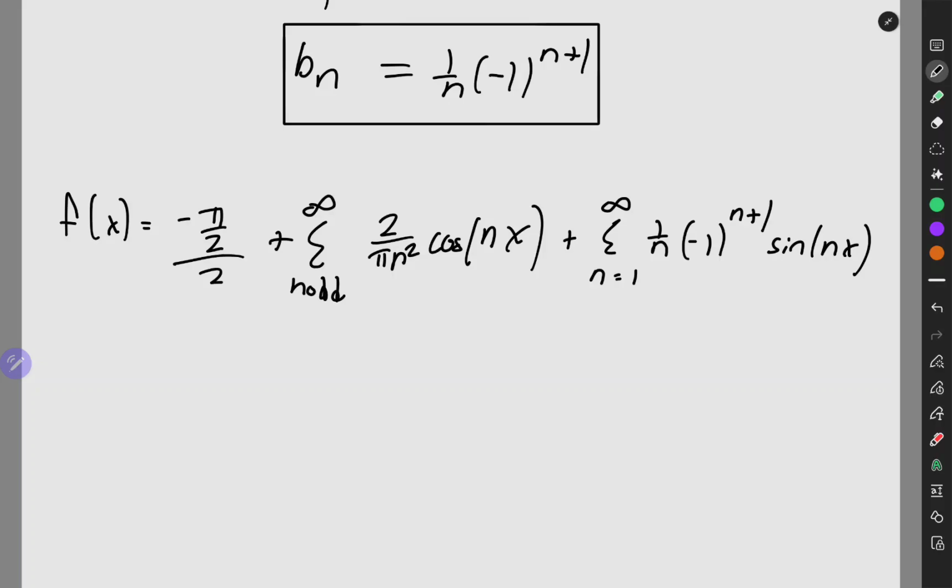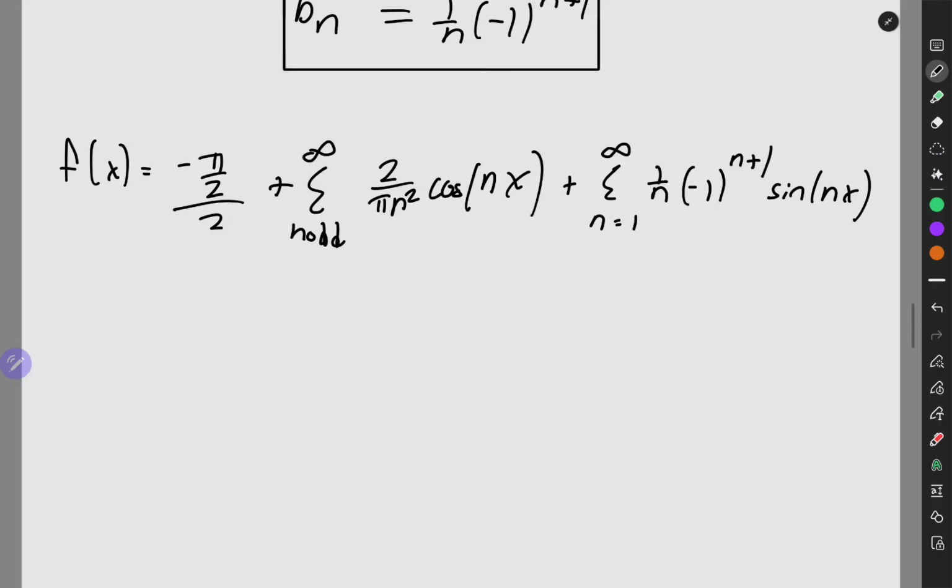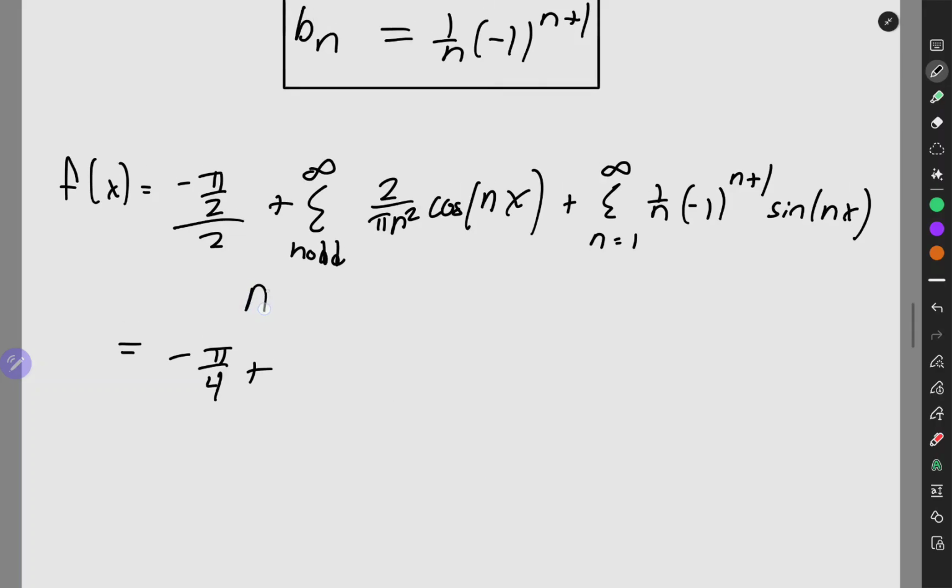And then the first two terms can be rewritten more. That would be negative pi over 4 plus, what would that be? Oh yes, because n odd is equal to 2m minus 1.